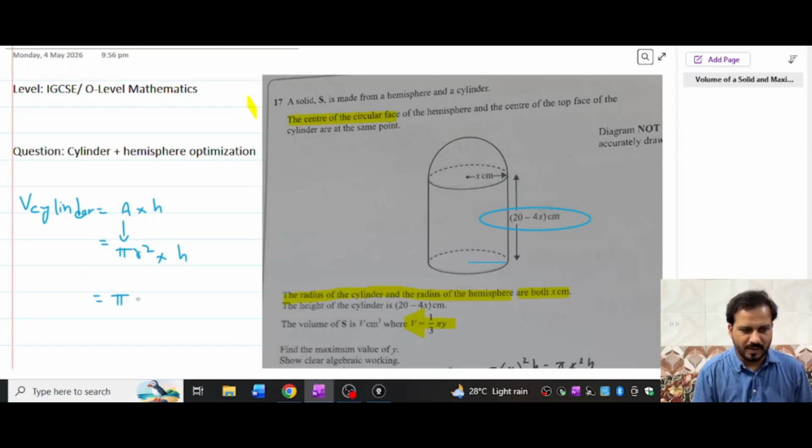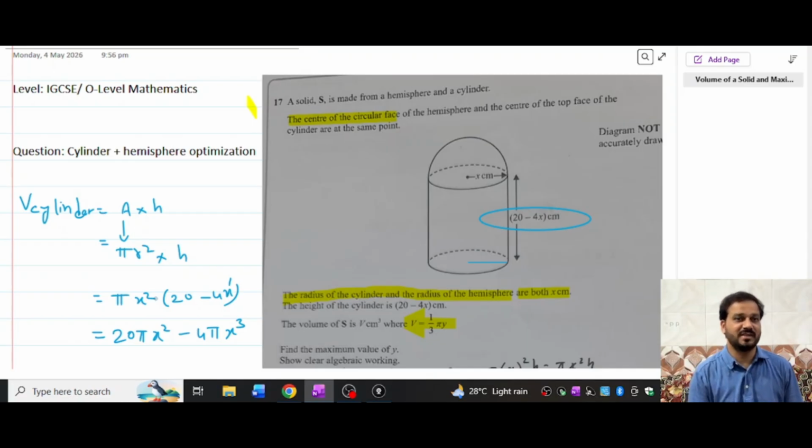It is pi times x squared times (20 minus 4x). Now we'll simplify. Multiplying pi x squared inside the bracket, it becomes 20 pi x squared minus 4 pi x cubed, because outside it is x squared and inside x has power 1. When we multiply x with x, we add the exponents, so 2 plus 1 will be 3.